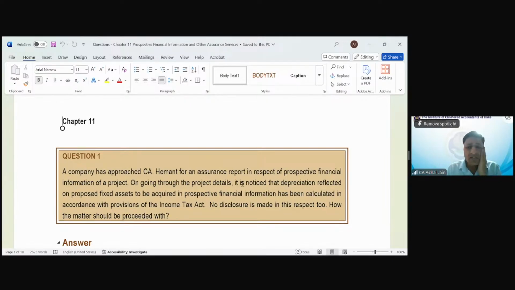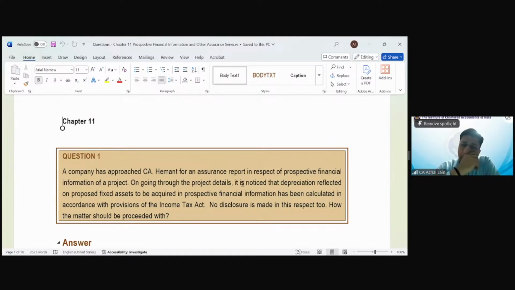No disclosure is made in this respect too. So tell me, how would you deal with this if, let's suppose, you are the practitioner? Over to you. How will you deal with this?